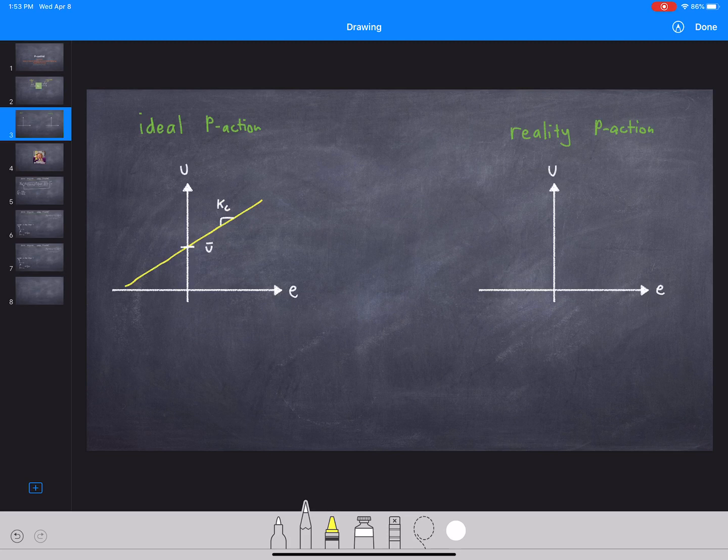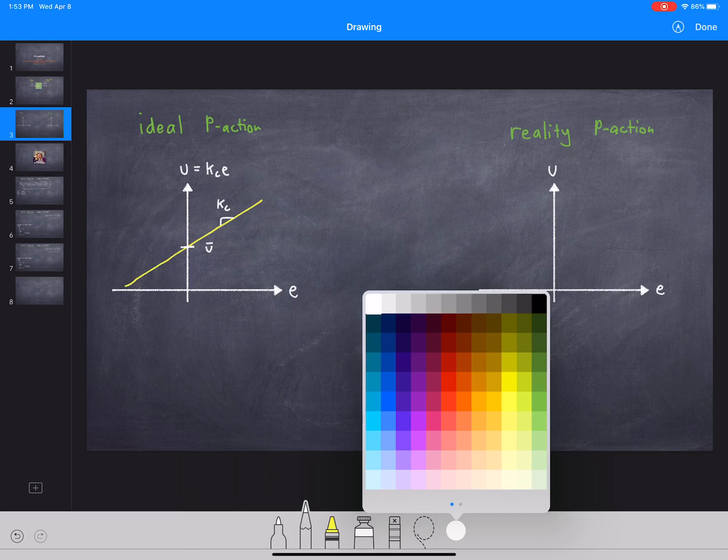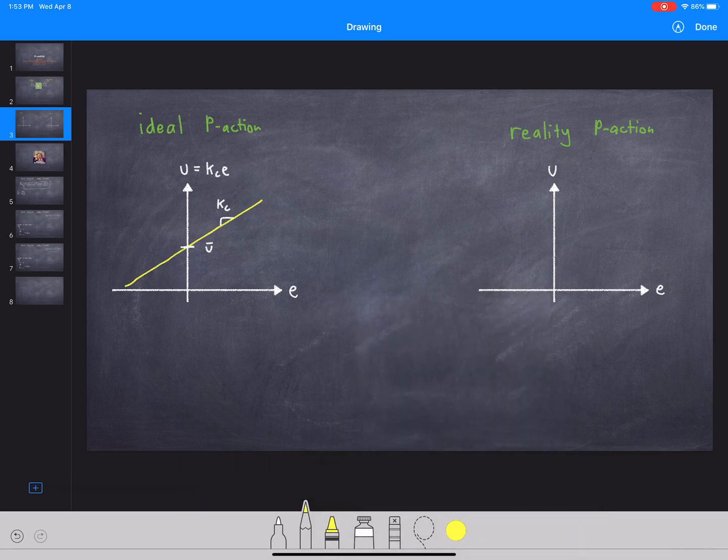Because U equals Kc E. So that's sort of trivial, but I just want to show that as E increases, the controller output will increase. But it depends on the sign of Kc, whether that's negative or positive. But in reality, this is an ideal situation, because in reality, for example, control valves can only be fully open or fully closed. They can't allow an infinite amount of flow, obviously.